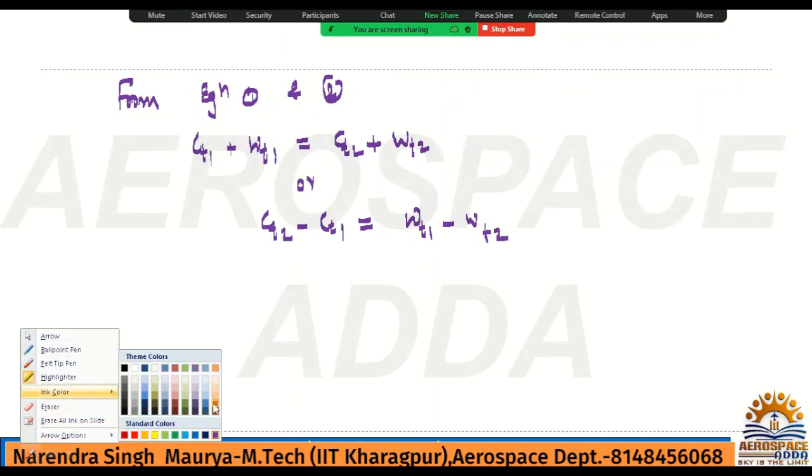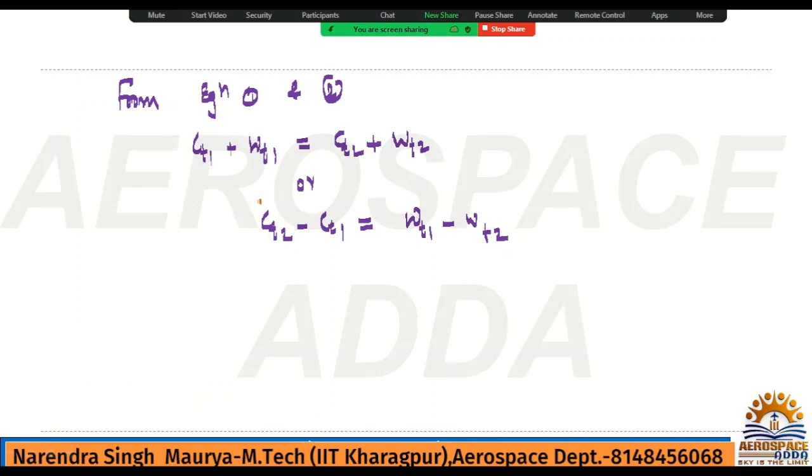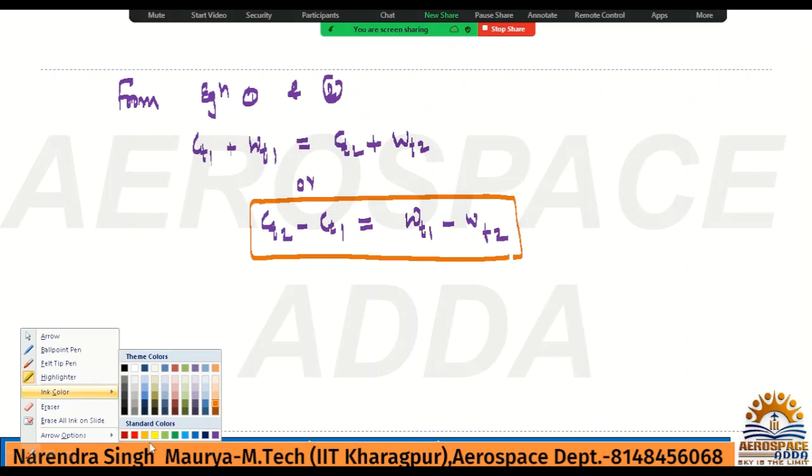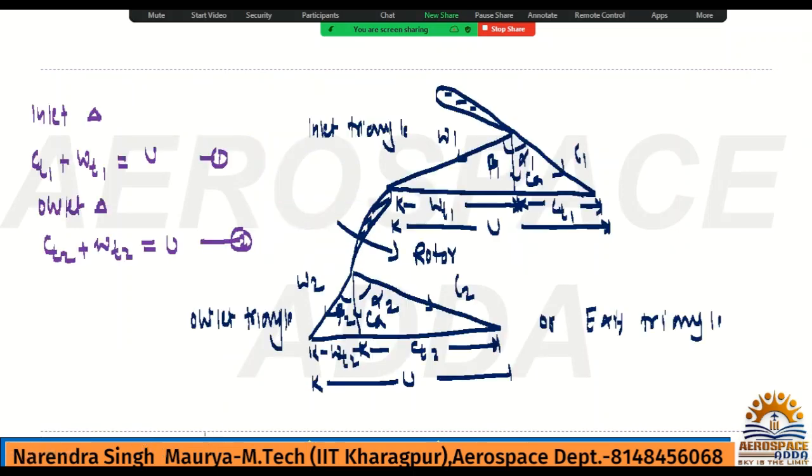Okay. Check here in this triangle. In this triangle you can check what is the tan alpha 1. Tan alpha 1 is nothing but CT1 divided by CA, or CT1 you can write CA tan alpha 1.